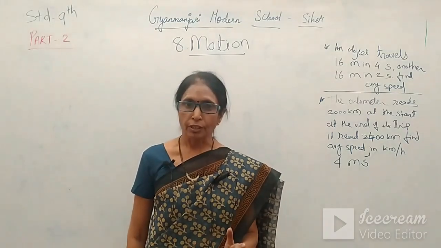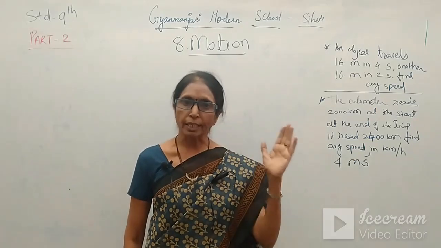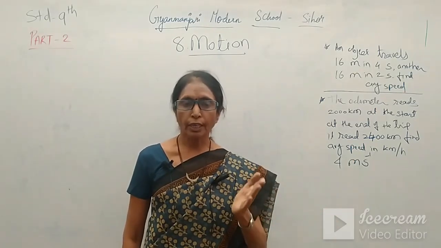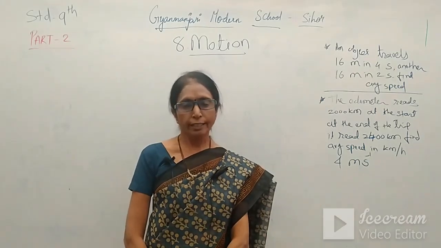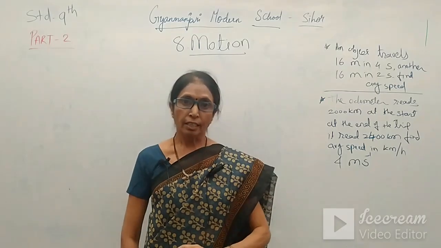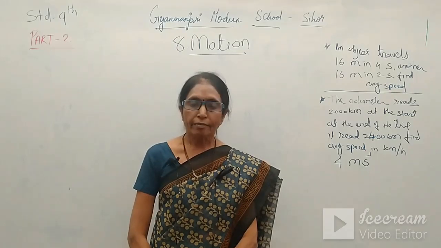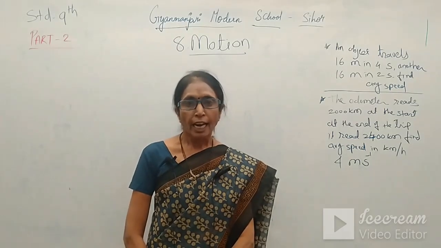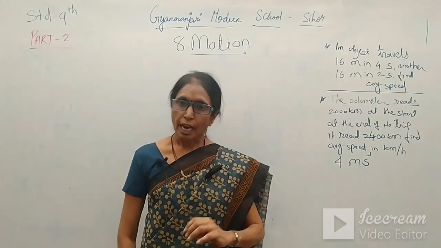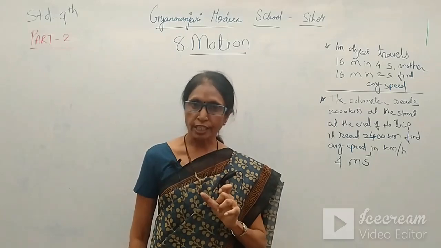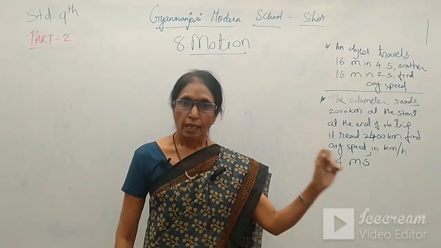In the previous video, we started with chapter 8, Motion, in the subject science. Let's have a small recap of that video. In that session, we discussed the terms distance, displacement, scalar quantity, and vector quantity. Distance is the actual path covered by an object.